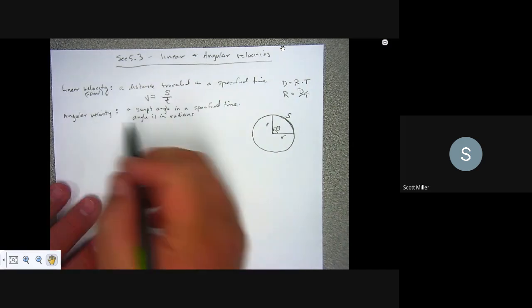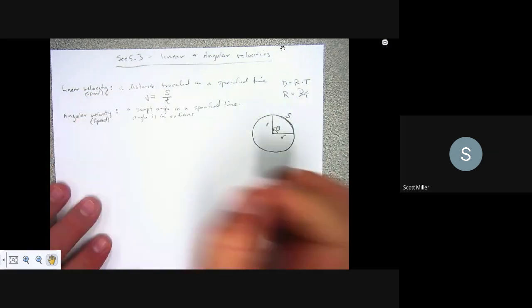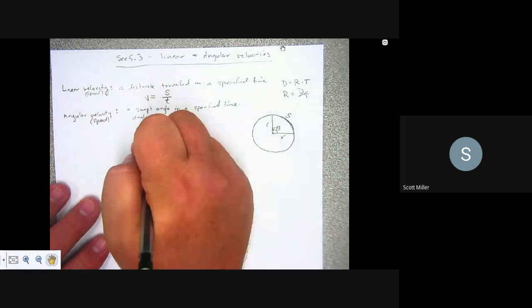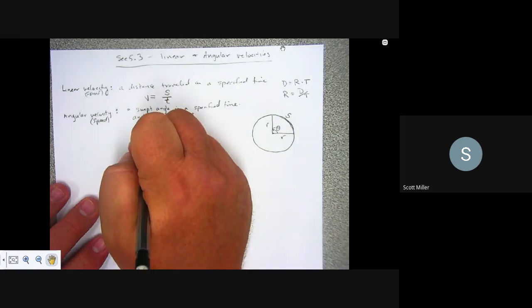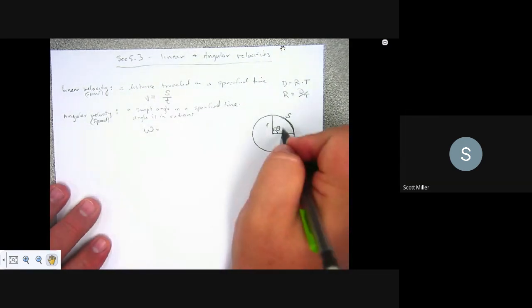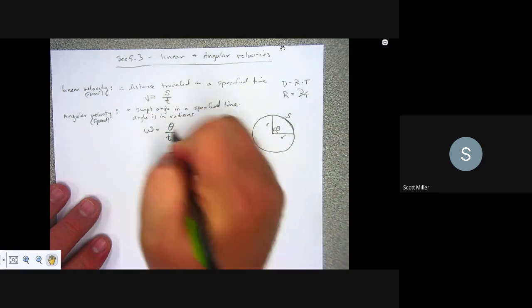And so what is angular velocity or angular speed? Well, it is how much of the angle was created in a time frame. So they use this little, it's not really a V, it's not really a W, it's kind of fancy Greek letter, okay? But it looks like a W, so we'll call it a W. So the angular speed is the angle that is swept divided by a unit of time.